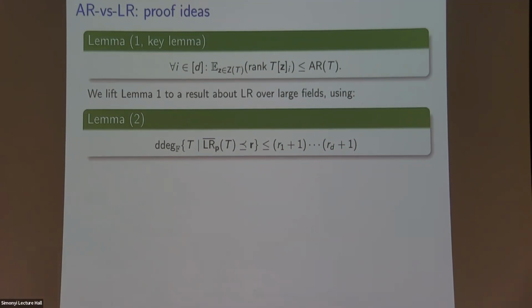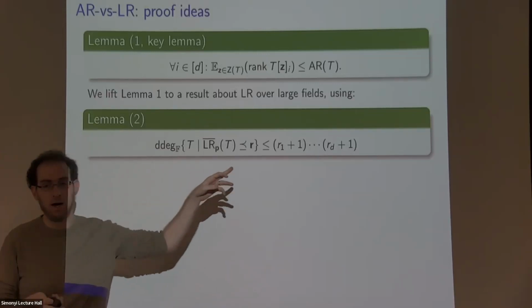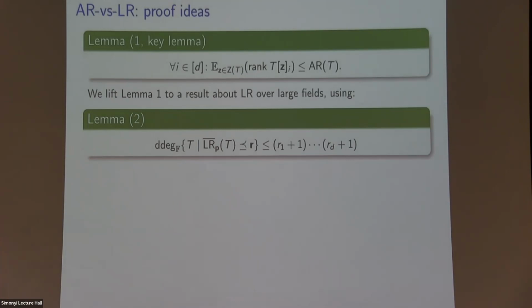You could show that this is a variety. You can write down equations for it, and in fact, the equations only depend on R. So that's useful. And the reason it's useful is because we're later going to look at a subspace of tensors where a large fraction of that linear subspace has this local rank.